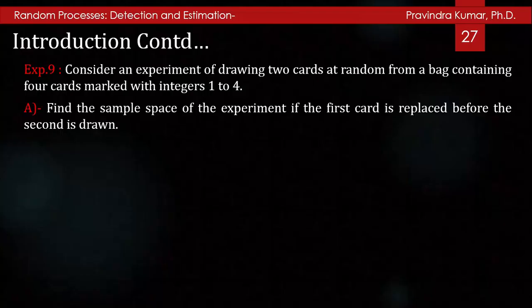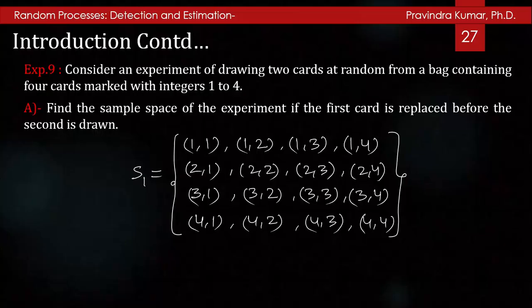Now consider another example. Consider an experiment of drawing two cards at random from a bag containing 4 cards marked with integers 1 to 4. First part: find the sample space of the experiment if the first card is replaced before the second is drawn. So the sample space will be (1,1). The (1,1) is there because I draw a card and it is 1, and I replace it, so I can get the first card again.